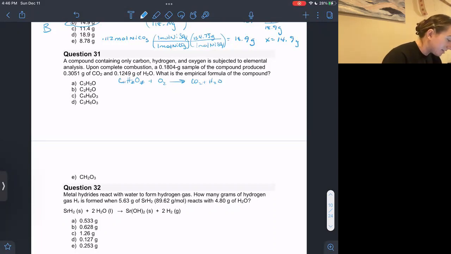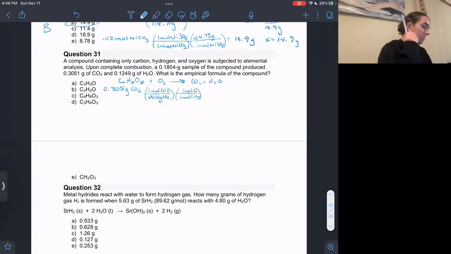So I know I'm going to need to find the grams of carbon dioxide. I need to change those into moles. The same thing for the water. So 1 mole of CO2 is equal to 44.01 grams of CO2, and then 1 mole of CO2 has 1 mole of carbon. So I know that I'm going to need both the moles of carbon and the grams of carbon. So I am going to convert all the way to the moles of carbon.